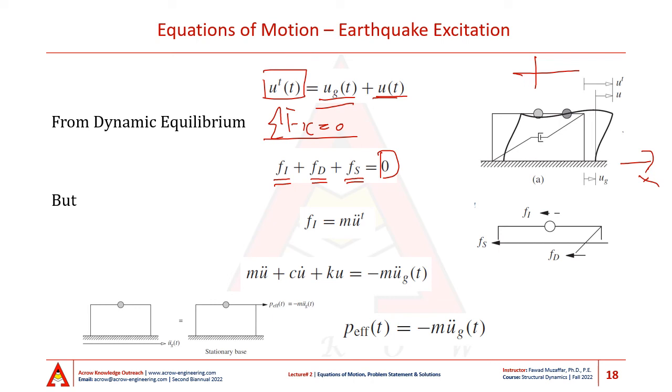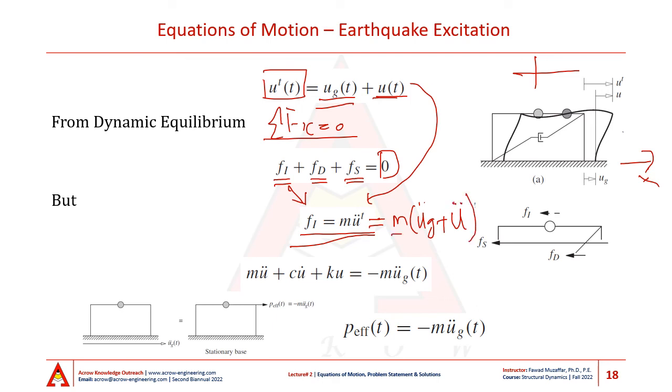Now from D'Alembert's principle, my fictitious inertial force is equal to my mass multiplied by the total displacement function of the mass relative to the stationary base. When I plug in the value of ut from this equation, what this gives me is mass times ug double dot plus u double dot.